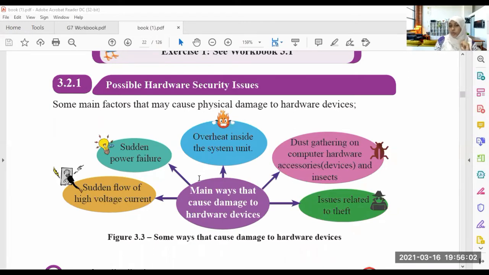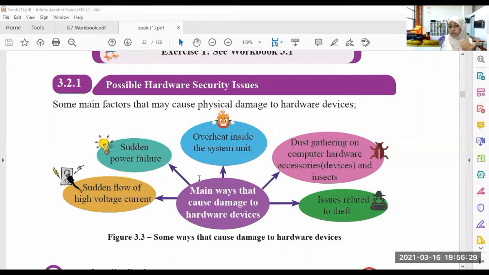So that is an issue. Another issue is sudden power failure. Last week we learned that when shutting down the computer, we should shut it down in a proper way. There are steps to shut down the computer, isn't it? So if you didn't shut down the computer in the proper way, in the given steps, then what happens?